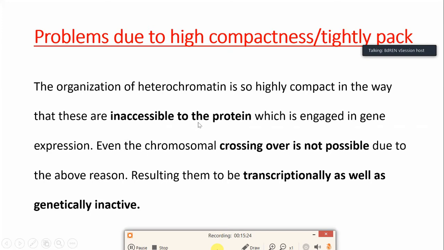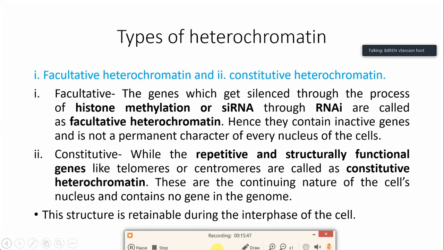Transcriptionally means the protein related function, and genetically means the crossing over function. Okay. This is the problem. This might come as a short question: what problem is created in the function due to the heterochromatin?